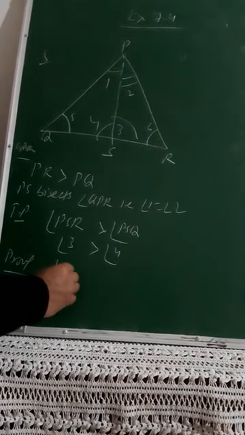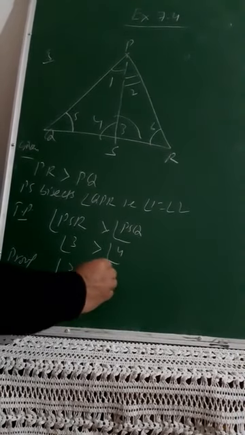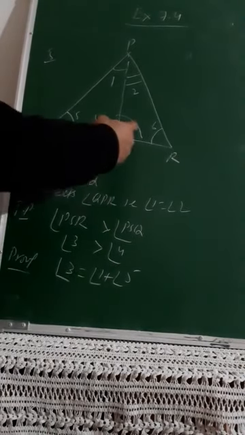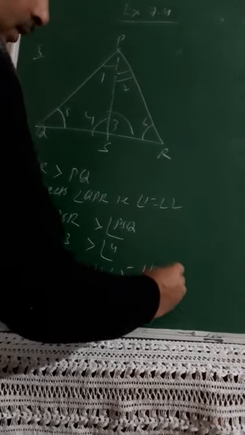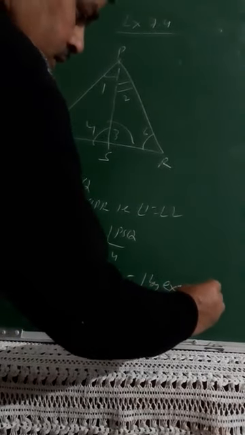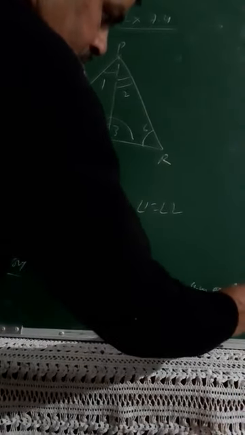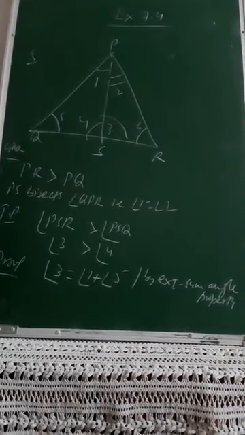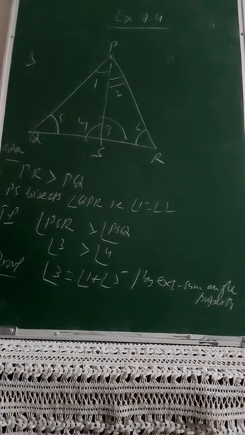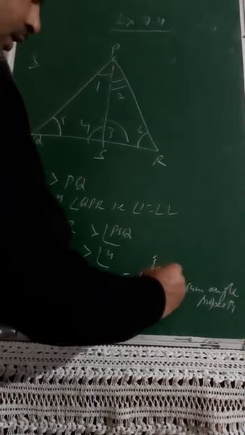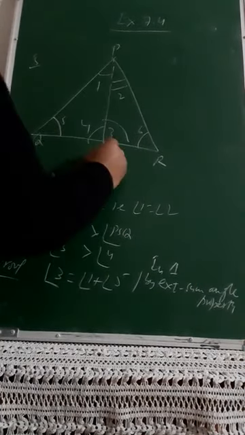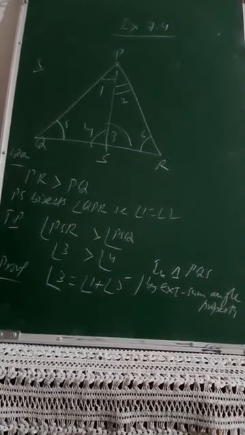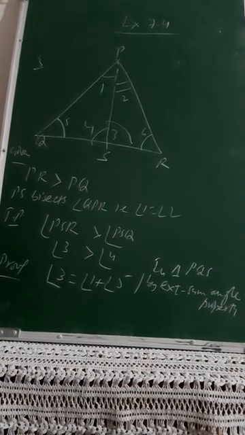Angle 3 is equal to angle 1 plus angle 5, is it or not? By the exterior angle sum property, in triangle PQS. If you apply the exterior angle sum property, you will reach this result.